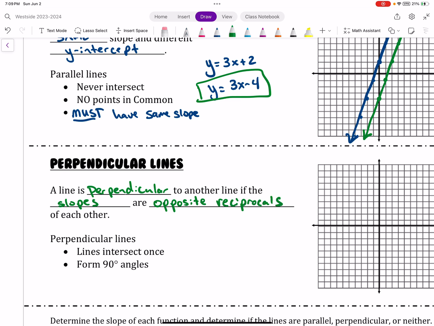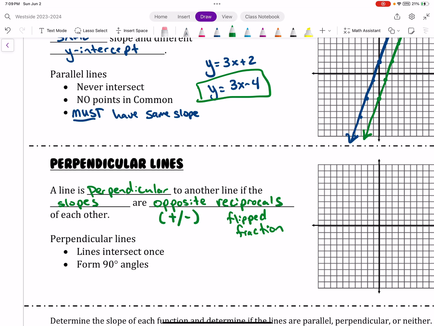The opposite would be the opposite sign, so a positive and a negative sign. And reciprocals means that flipped fraction. If they are a flipped fraction and they are the opposite signs, then they are perpendicular. These lines would intersect once and they would form 90-degree angles.